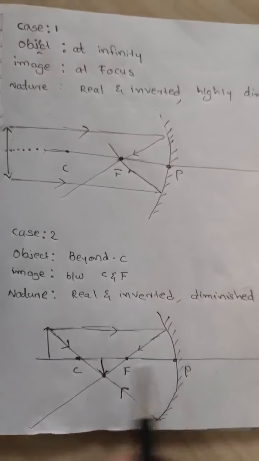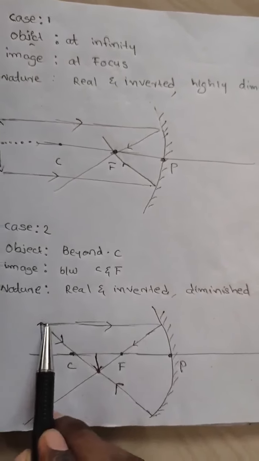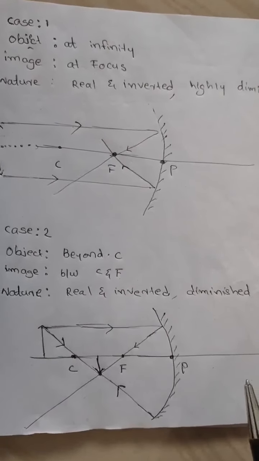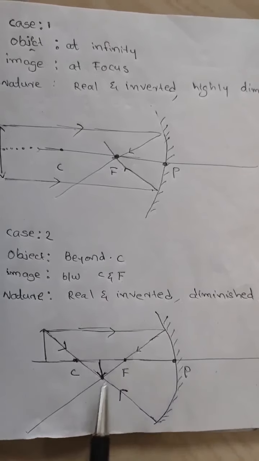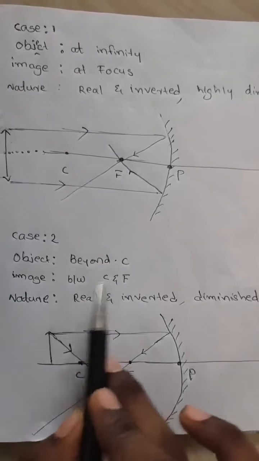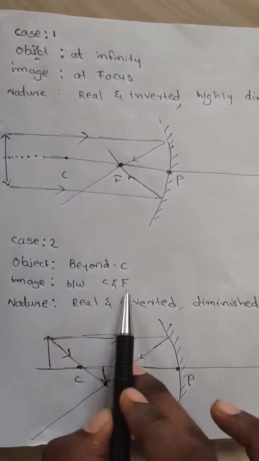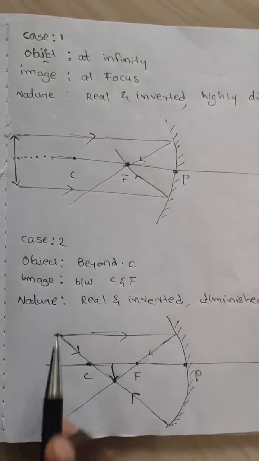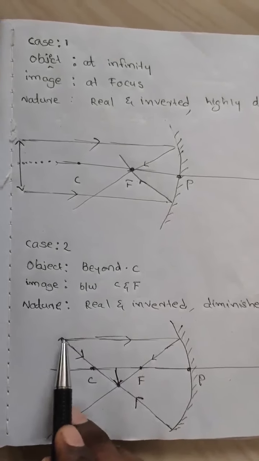Okay, students, we are using two rays. You can make use of any two rays and the reflected rays must meet between C and F, because in this case the image is formed between C and F. So in this case I am using two rays. You can make use of any rays.